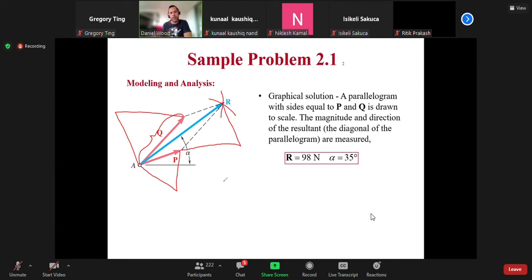At the intersection of those two arcs, I can then draw a line from A to the intersection, and I would have my resultant. Then you would measure it because you'd have to do it to scale. If you do it to scale, you'll end up with a resultant of 98 newtons and an angle of 35 degrees. Is that clear, guys?